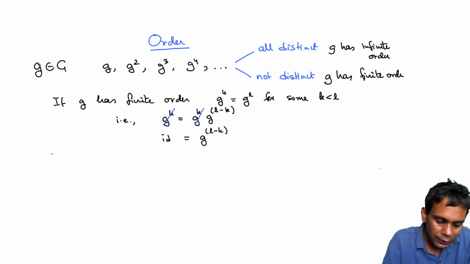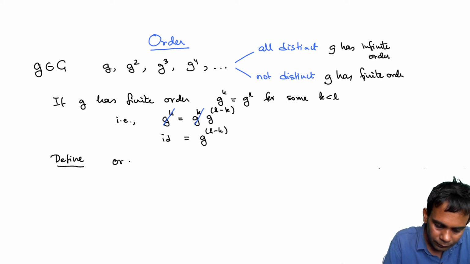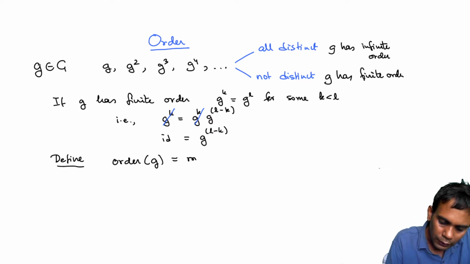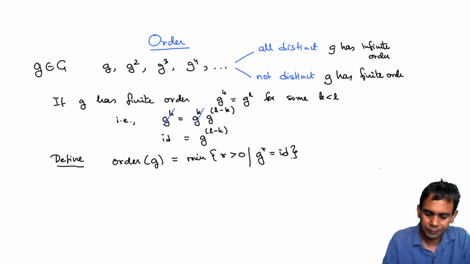Okay, so in this case we define the order of g to be the smallest integer, let's say r, greater than 0, such that g to the r is equal to the identity.